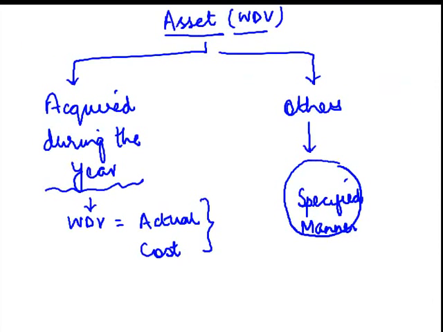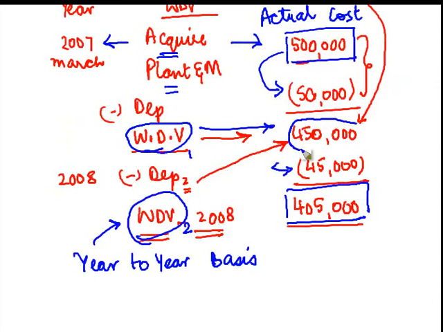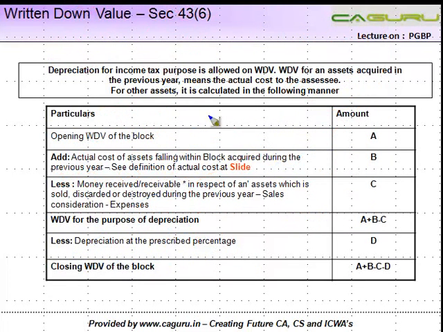Let me take you back to the whiteboard. So I took the opening written down value of the block of asset when I reached the second year, right? This is the year in which I haven't acquired the asset. Opening written down value of the block. Add actual cost of the assets falling within the block acquired during the previous year. Now actual cost, I'm going to explain this to you subsequently, but if you acquire new assets, you need to see what is the actual cost of these assets.